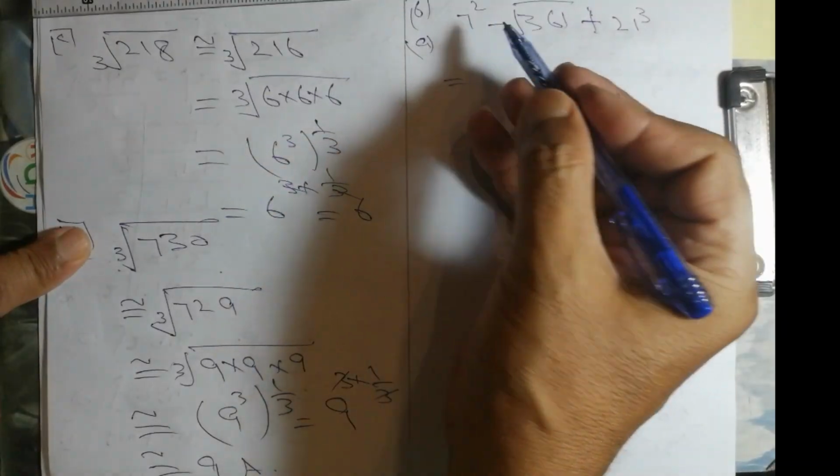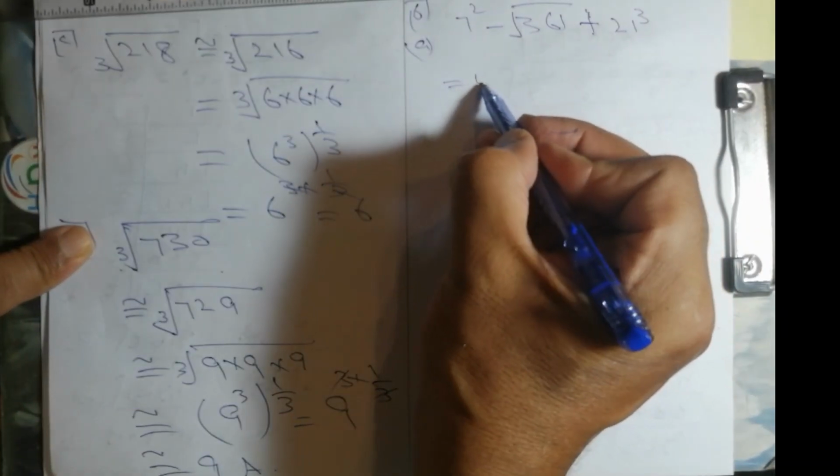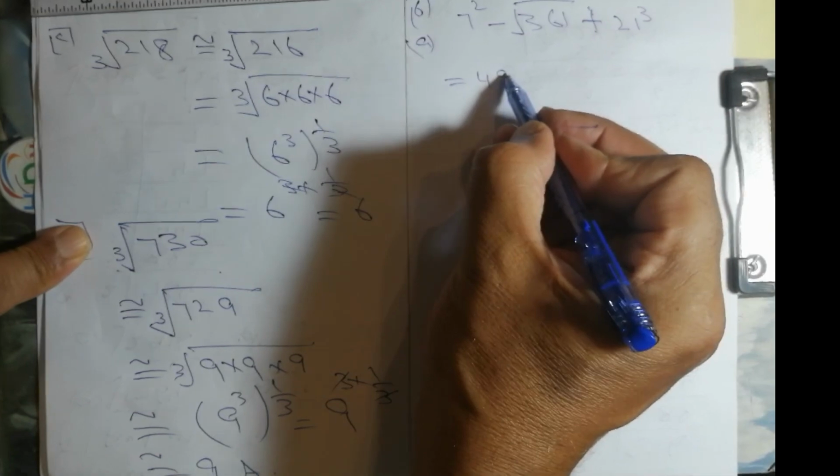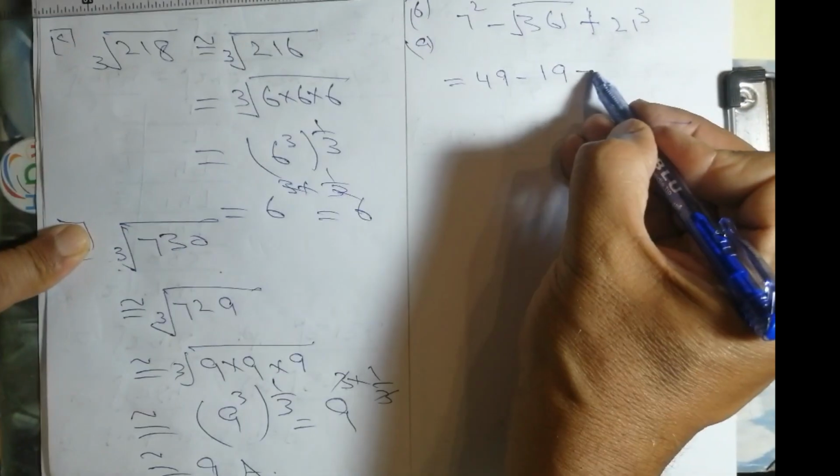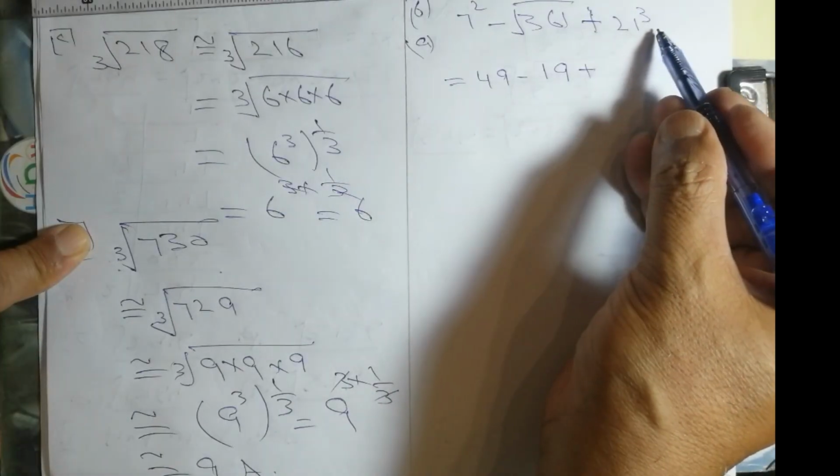So 7 square means 7 into 7, which is 49. We can write 7 square like this, and taking the square root with the calculator, square root of 361 is 19, plus this is 21 cube.